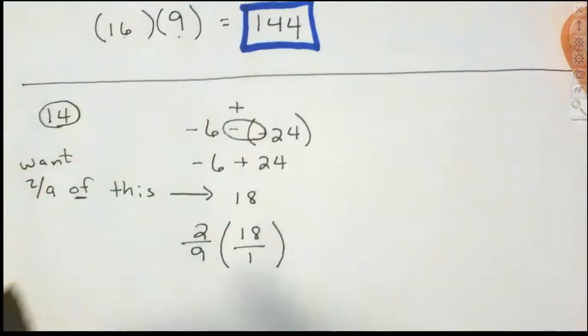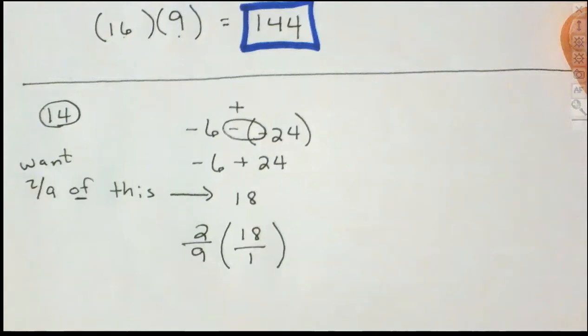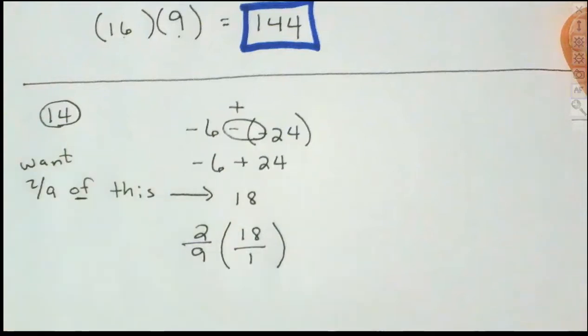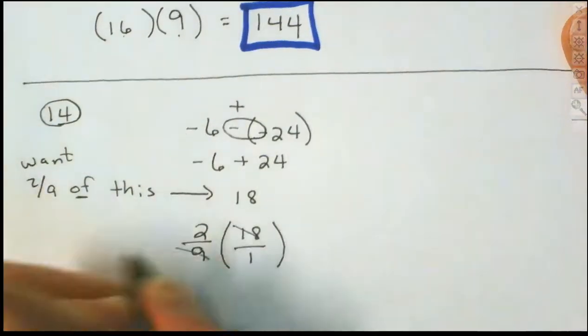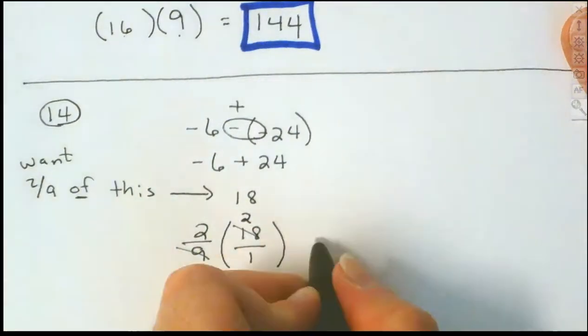So we did our difference first. We got the 18. And we still want 2/9 of that difference. So then we've got our 2/9 out in front. 18, we'll write that as an 18 over 1. We can go ahead and multiply, which means we can cross cancel. So that 18 and that 9, they can cancel out. And that's going to give you a 2 and a 1.